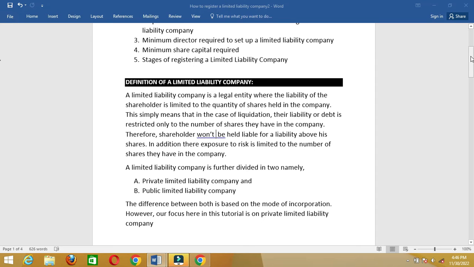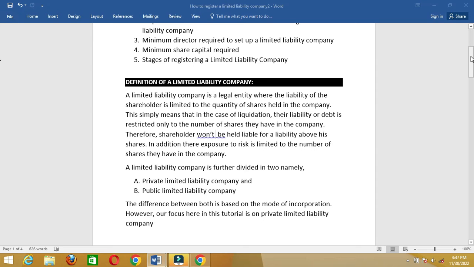That simply means that if Mrs. Adekunle has 5,000 shares in ABC Limited, and the company is going into liquidation and there are debts that need to be cleared, Mrs. Adekunle will not be charged more than 5,000 naira, against what she has as shares in ABC Limited.